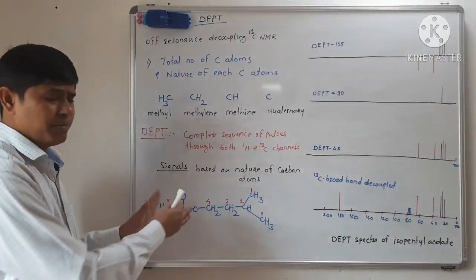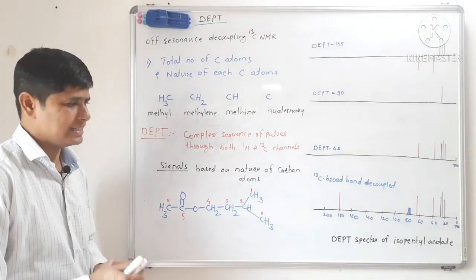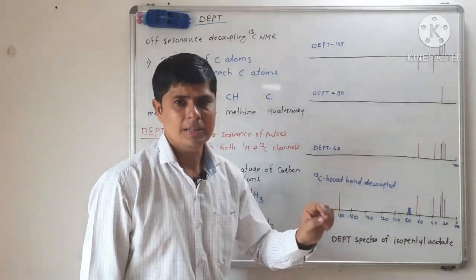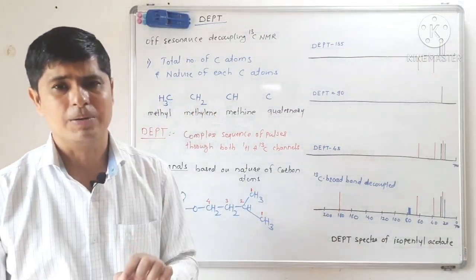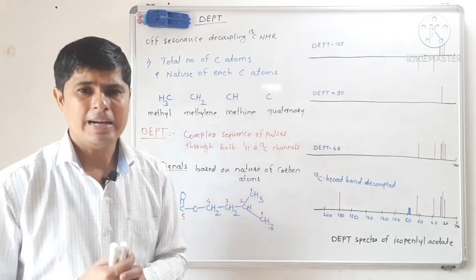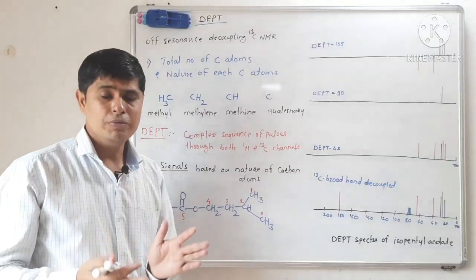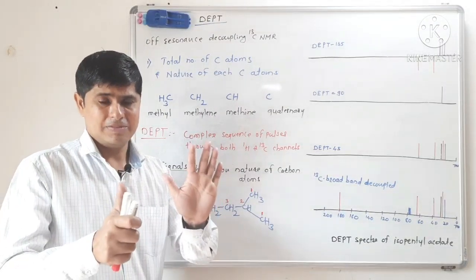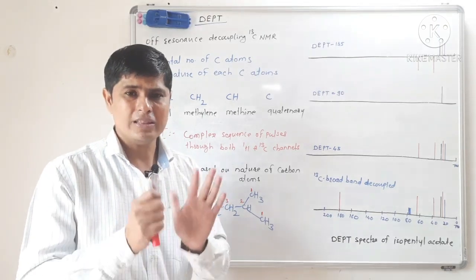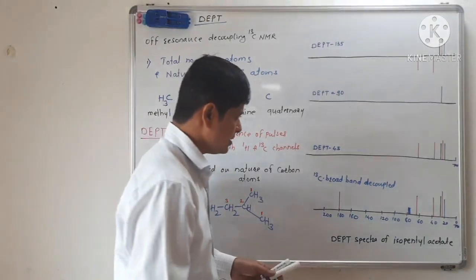Now, before looking at the DEPT NMR of this isopentyl acetate, we will see the carbon 13 broadband decoupled NMR of isopentyl acetate. In it we will see 6 signals as singlets.